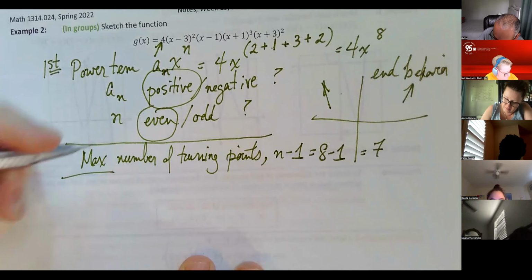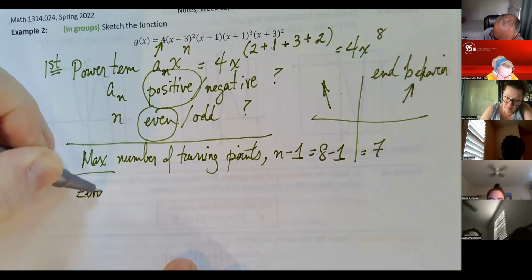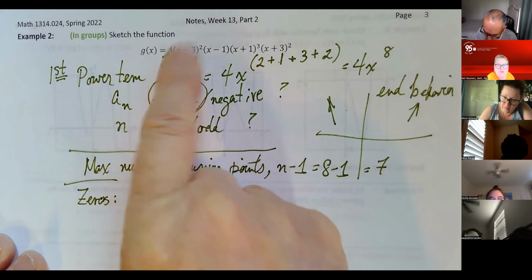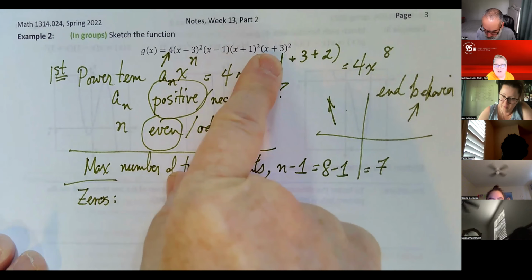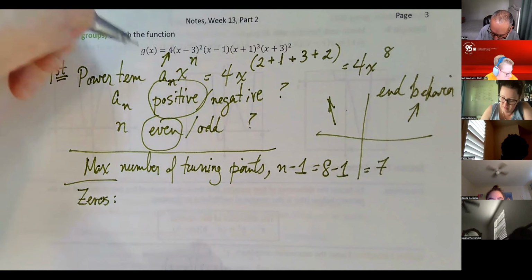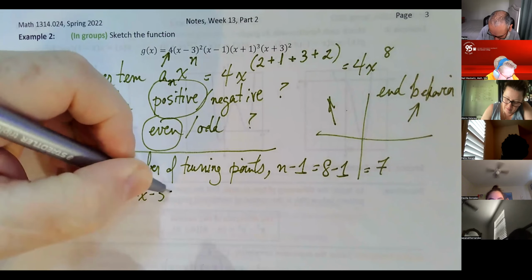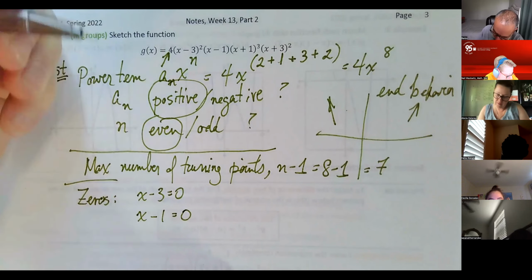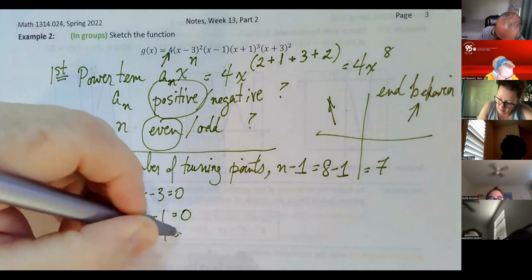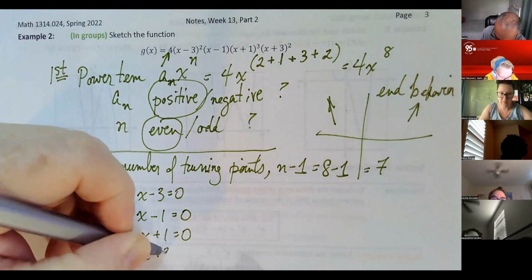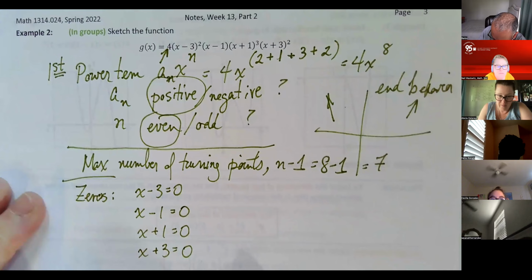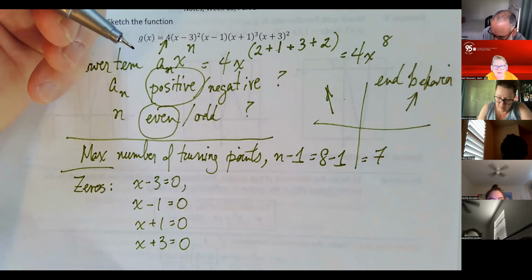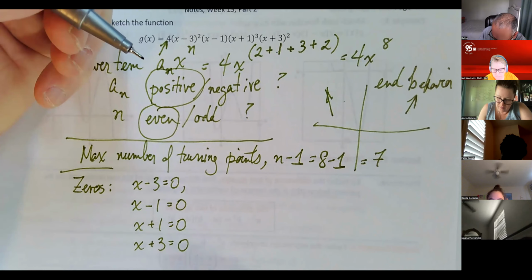Now let's find the zeros. Since we're in factored form, I'm going to take each factor, set it equal to 0, and solve for x. So I have x minus 3 equals 0, x minus 1 equals 0, x plus 1 equals 0, and x plus 3 equals 0. What do I get when I solve x minus 3 equals 0 for x? 3.